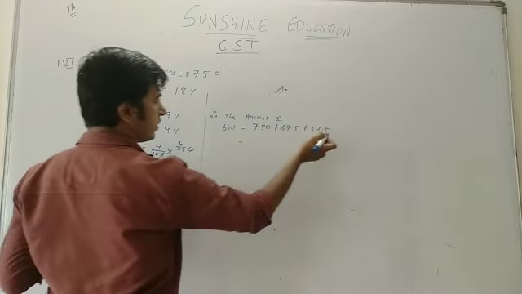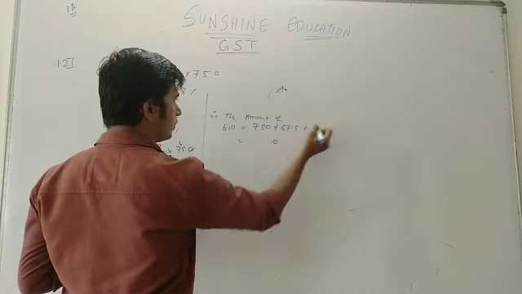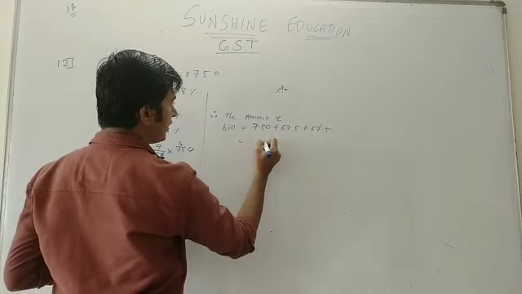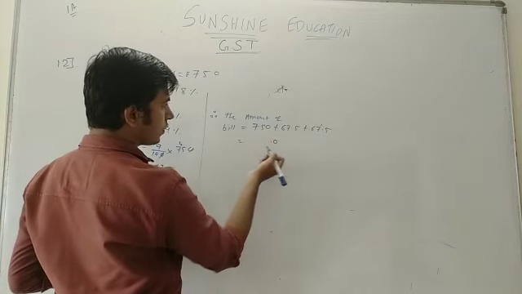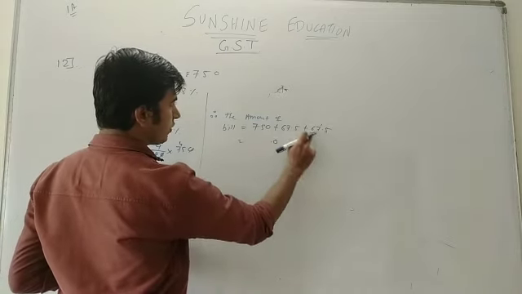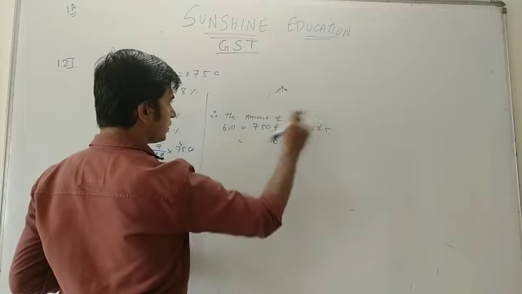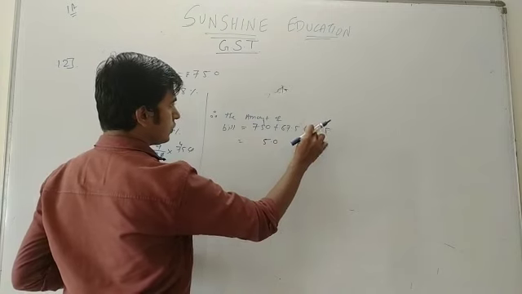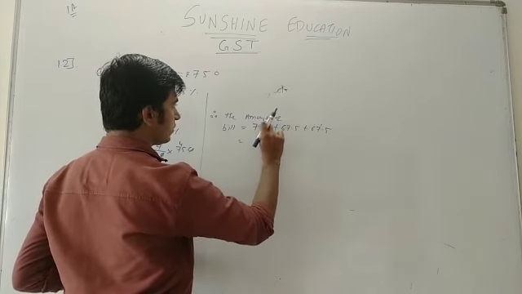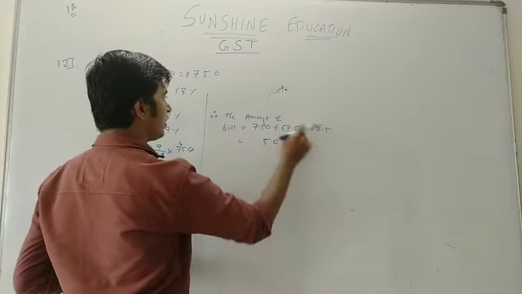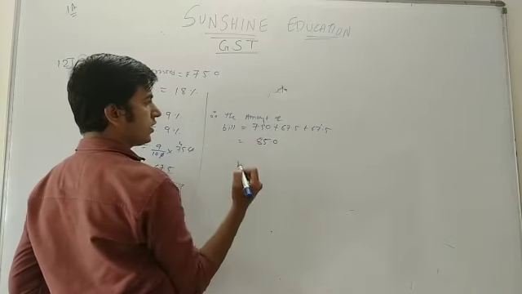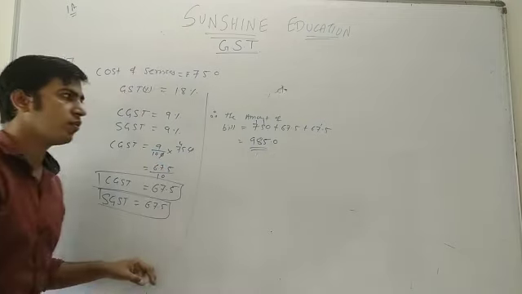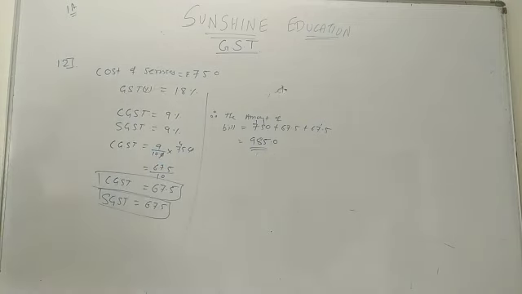So this 5 will become 0. 7 plus 7 is 14, 14 plus 1 is 15, 15 plus 5 is 20. So it is 50, 1 carry. 5 plus 1 is 6, 6 plus 6 is 12, 12 plus 6 is 18. And 1 8 plus 1 is 985. So the total amount of the bill will be 985 rupees.